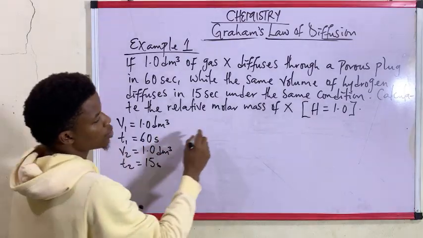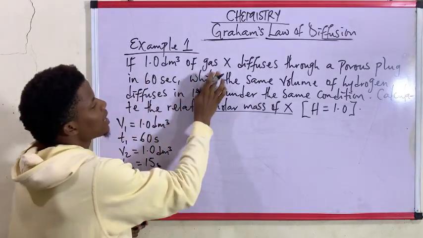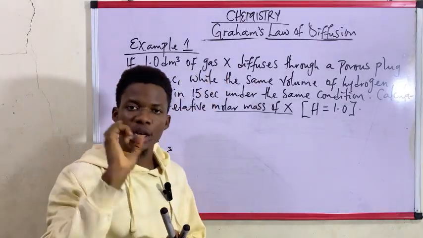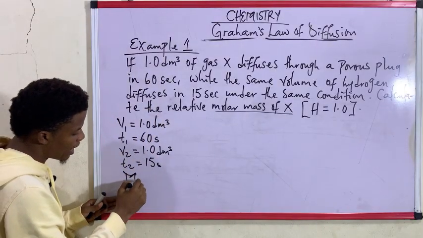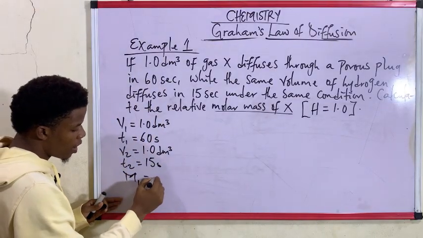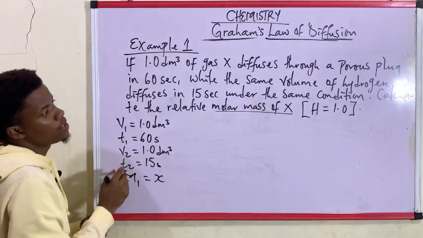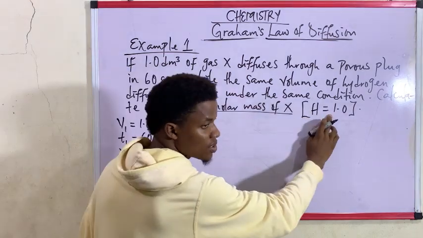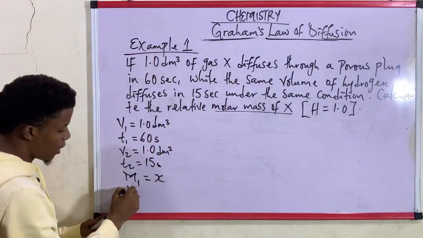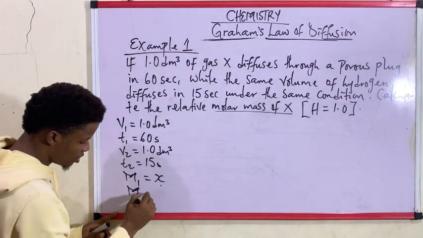Now we are supposed to look for the molar mass of gas X. Remember, gas X was the first to be mentioned, so the molar mass of gas X will be taken as our M1. So we are looking for what this X stands for. Then hydrogen, whose atomic mass is 1, is our M2.